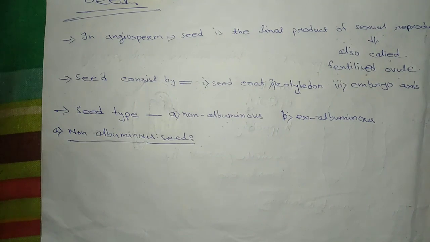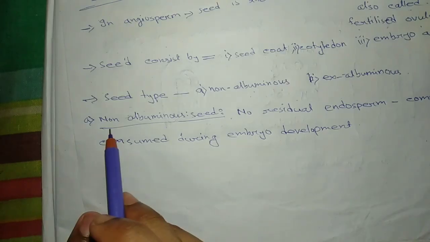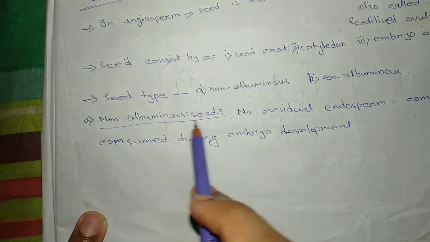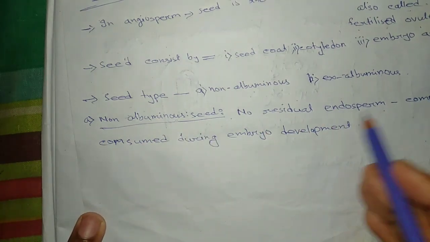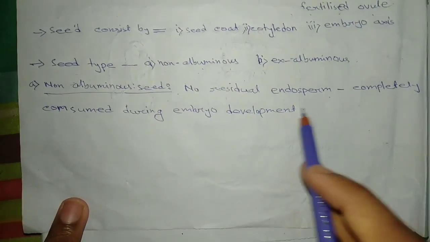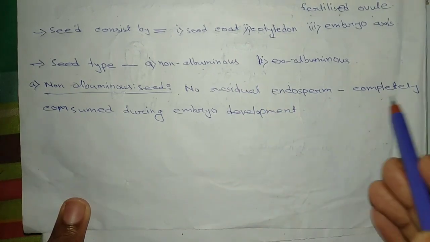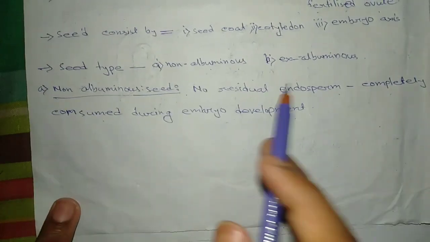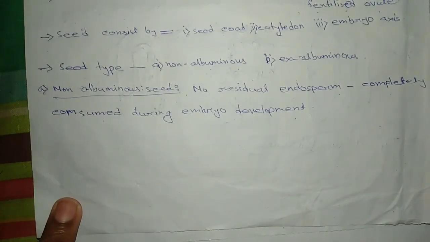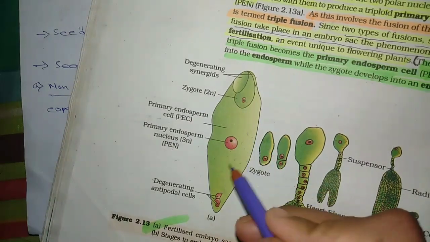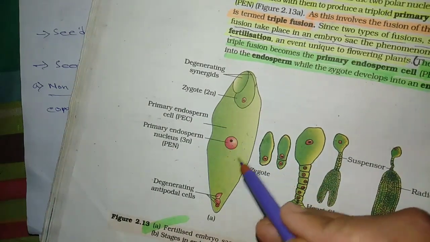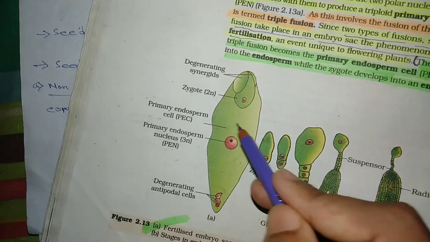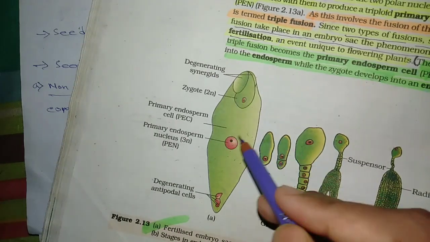In non-albuminous seed, the whole endosperm is consumed during embryo development. That means there is no residual endosperm. It is very simple. If you see here carefully, this is full endosperm, and this is zygote.